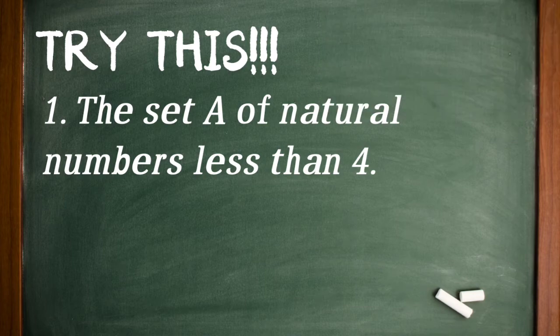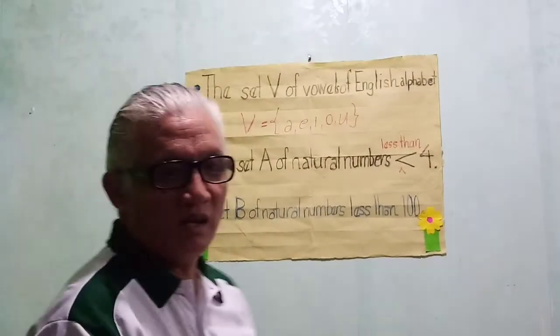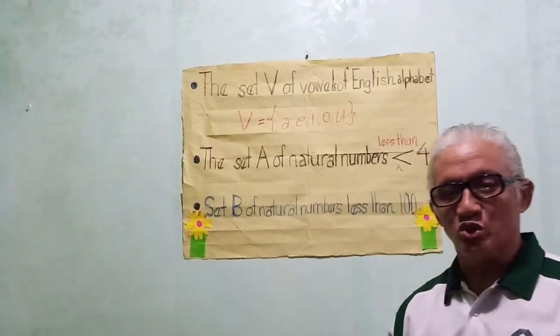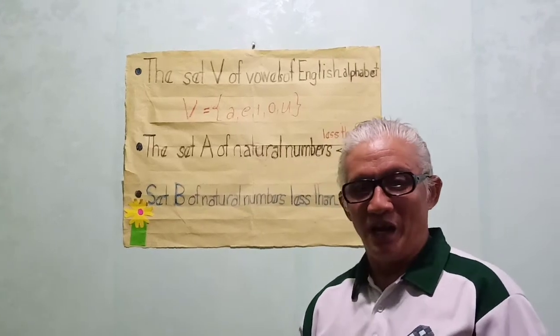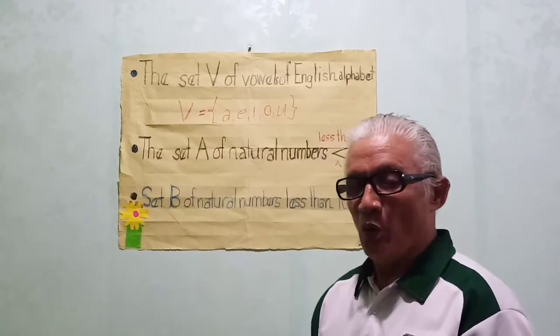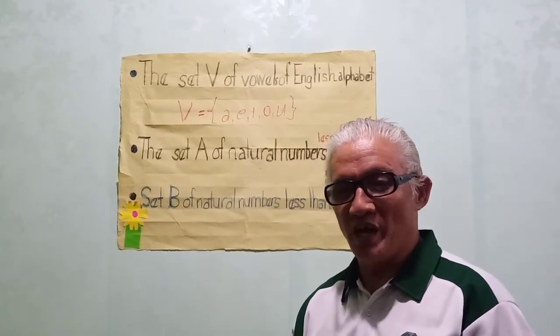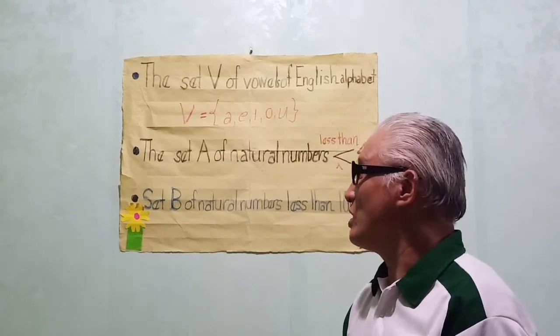Class, to check your activity, the natural numbers less than 4, 1, 2, and 3, are the elements of set A.